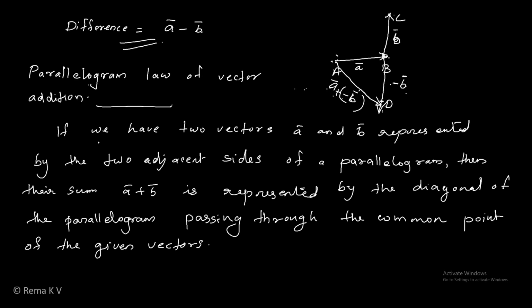So here two vectors A and B are represented by two adjacent sides of a parallelogram.